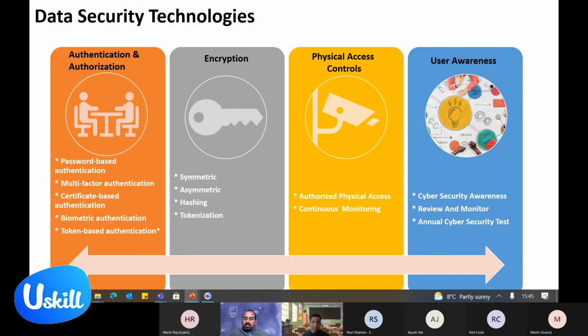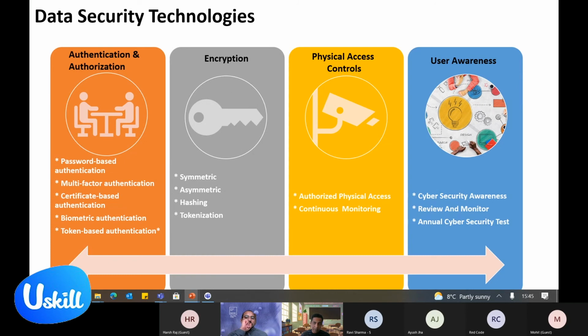If I try to access some shared folder on the LAN drive of an organization, we type slash slash and an IP address, or maybe the path of that drive. First of all, it goes for authentication. Sometimes it prompts for a user ID and password. When we put in the user ID and password, it is authenticating whether I am allowed to reach that data or not.